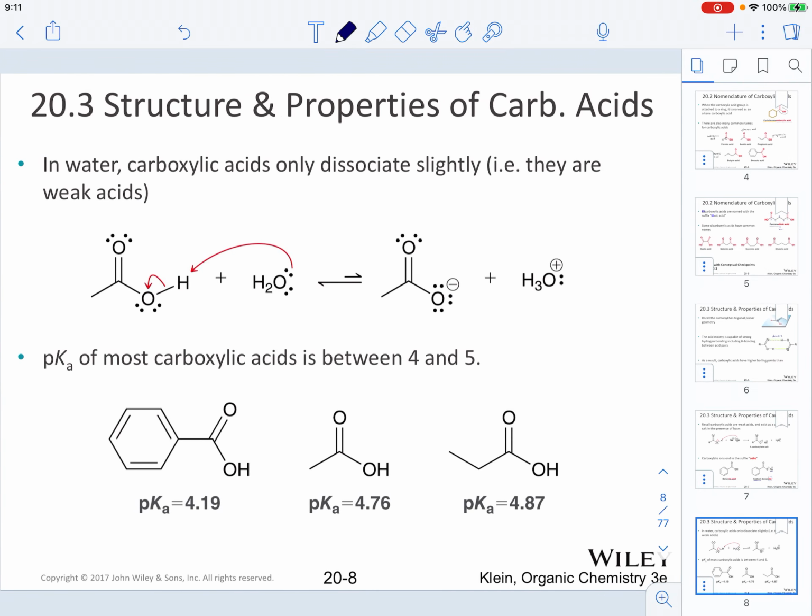So, when we put a carboxylic acid in water, understand that they only dissociate slightly, again because carboxylic acids are weak acids. When we put it in water, one of the reactions that we can see is that the water is going to deprotonate the carboxylic acid and make that carboxylate ion that was mentioned in the previous slide.